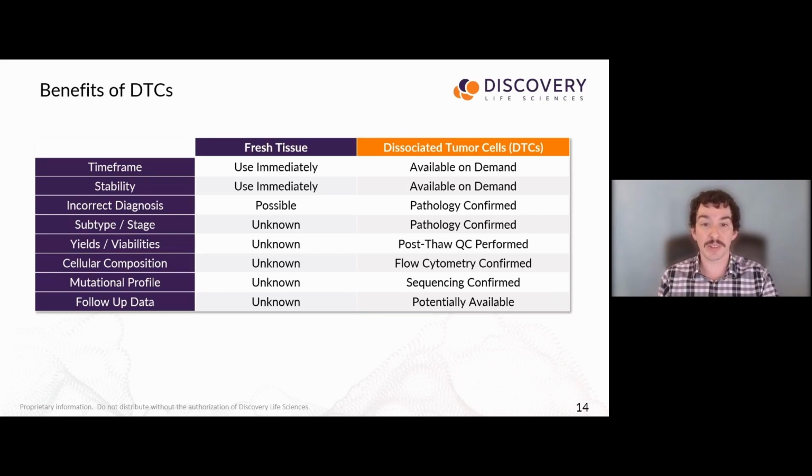Further in-depth analysis, like NGS sequencing, PCR, flow cytometry, etc., strengthens our DTC biobank, allowing researchers to pinpoint patient tumor samples exhibiting the exact mutational and molecular expression profiles that they require for their research. Overall, DTCs are a flexible and reliable choice for downstream research and enable further advanced tumoroid models to be generated.